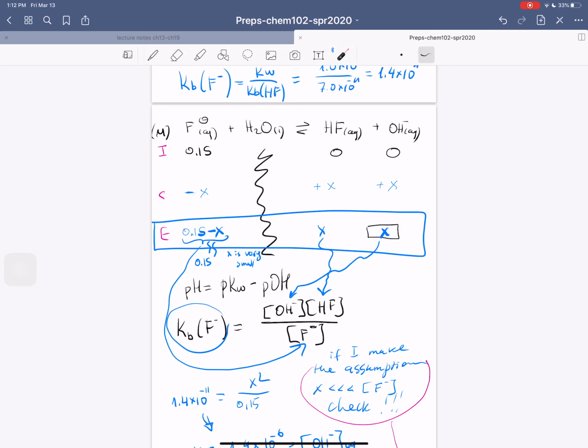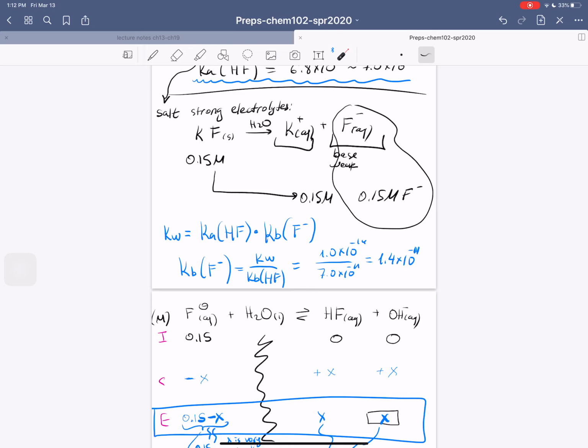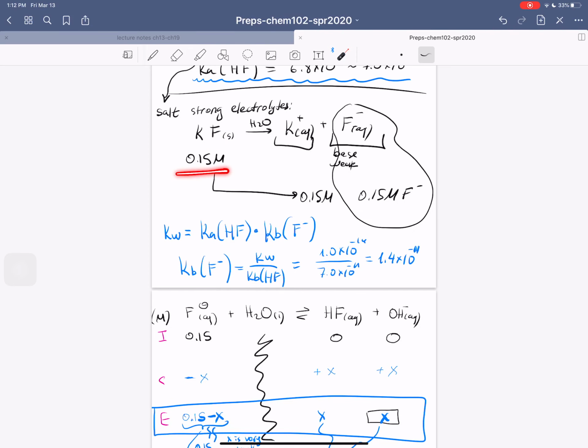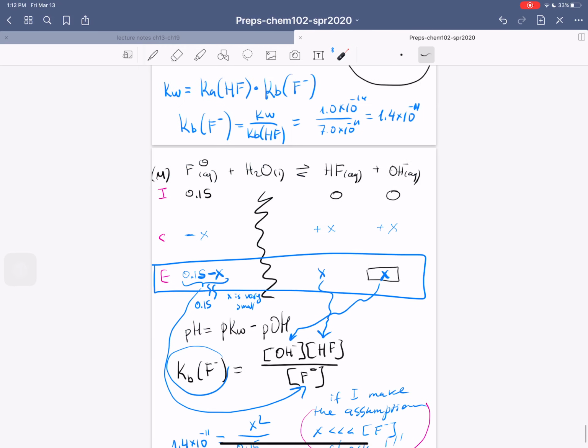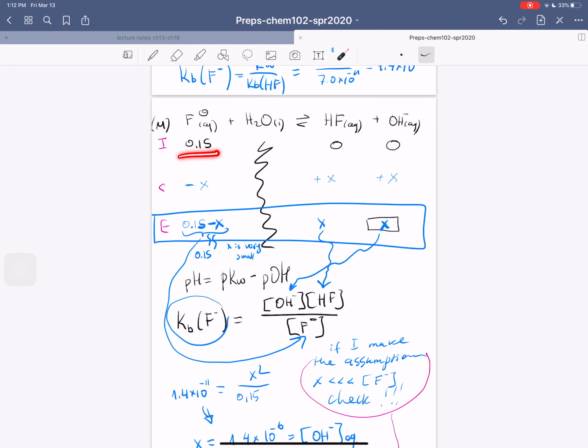And since it's a strong electrolyte, in the aqueous solution from 0.15 molar concentration, we will get 0.15 molar concentration of fluoride minus. So this will be our initial concentration of the base. Then we set up the ICE table and we calculate the equilibrium concentration of OH minus.